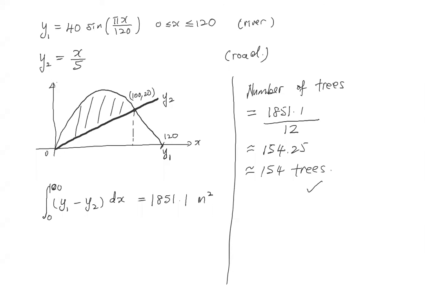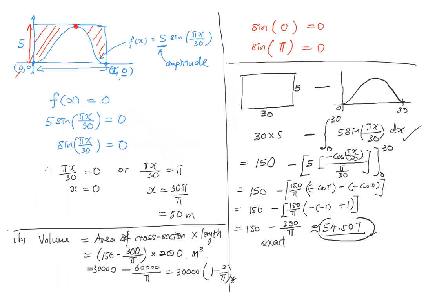Okay, just now, this question, why the volume? The volume equals the area of cross-section times length. Any shape with a regular cross-section, you want to find the volume, you times area of cross-section by length.